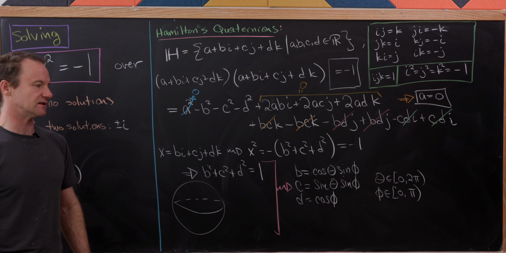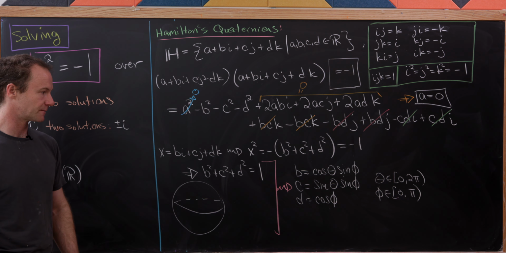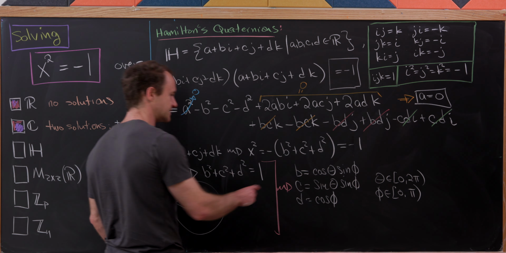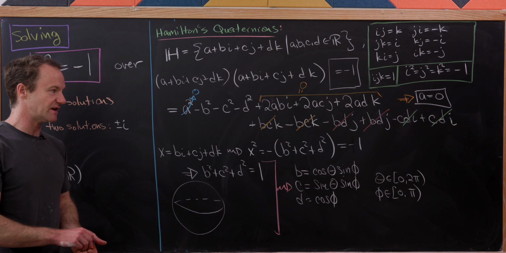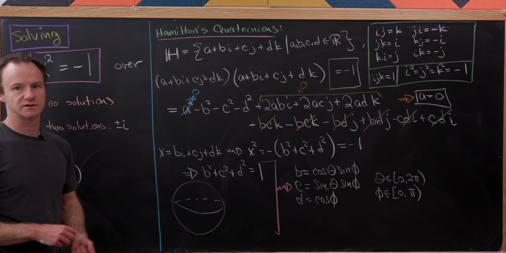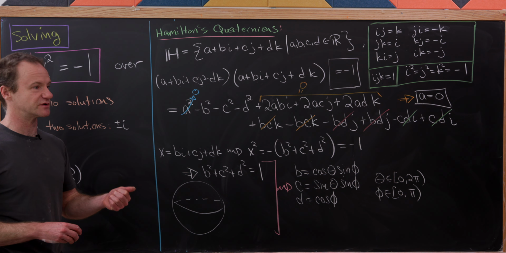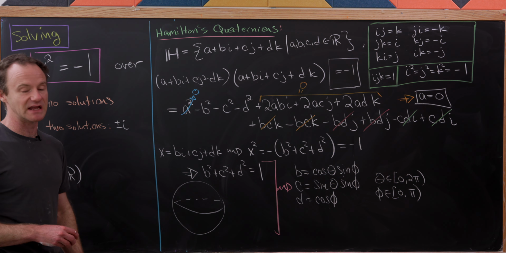That's why you need fewer values of phi here. Notice that gives us infinitely many solutions because, well, we could take theta and phi to be anything on those intervals. Furthermore, since those are intervals, they're uncountable. So that gives us uncountably many solutions.